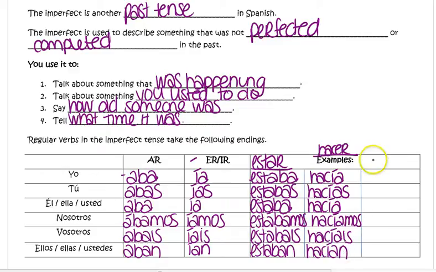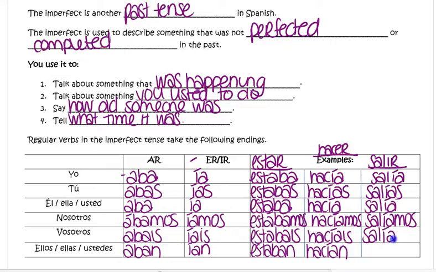And then finally, an IR verb might be the verb salir. Again, IR verbs and ER verbs take the exact same endings. So salía, salías, salía, salíamos, salíais, and salían.